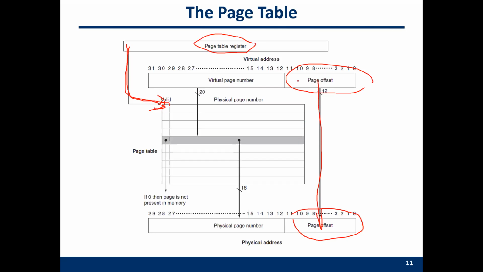Why? Because each page is 4 kilobytes here and 4 kilobytes here, so you don't have to do the translation inside each page. All you need to do is to translate this 20-bit virtual page number to this 18-bit physical page number. This is all you need to do.